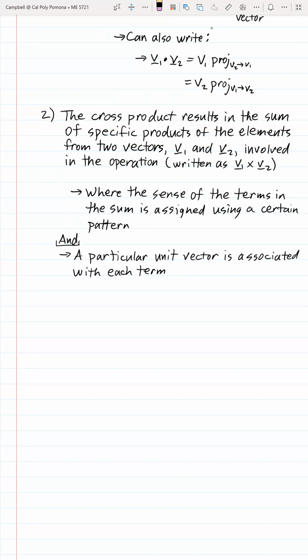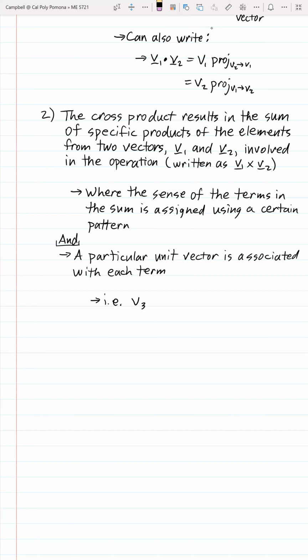Now for us, we'll just go ahead and give the end result. Of course, there are ways of looking at and understanding where all of this is coming from. But for us, we're going to say that this is our cross product.